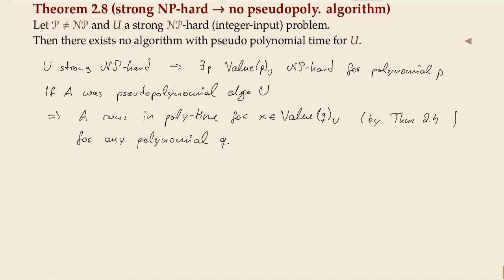Well, and then in particular for our polynomial p. But we've assumed that this is NP-hard. So that would imply that P is NP, and we assumed it's not. The usual kind of argument.